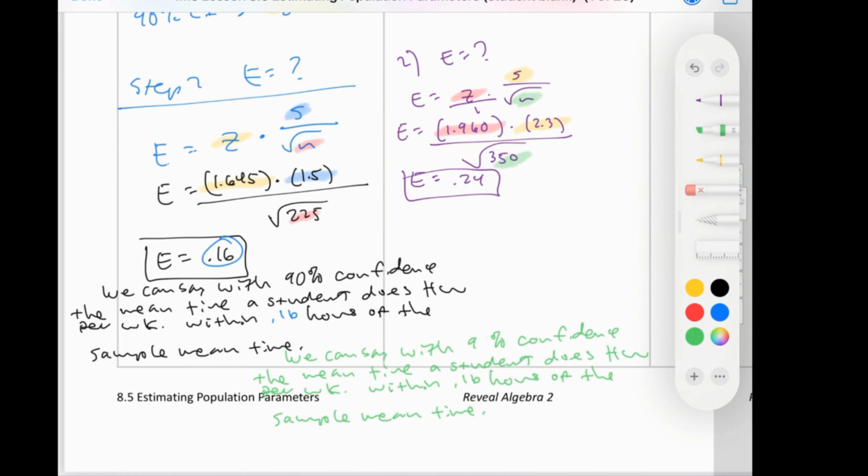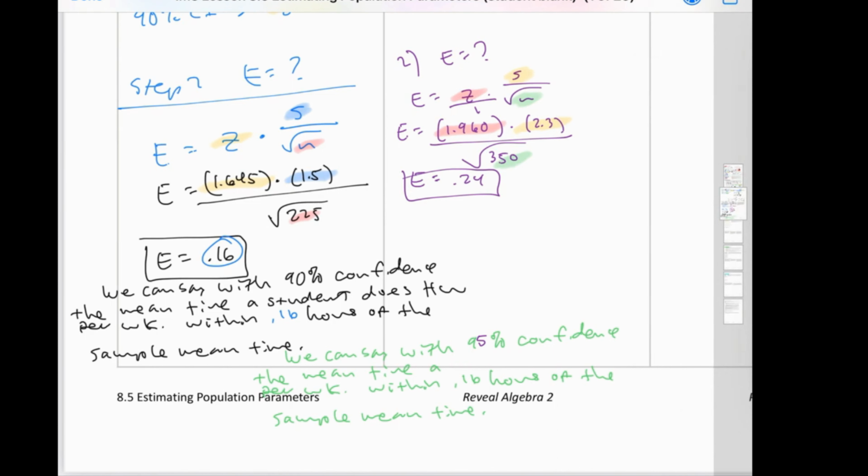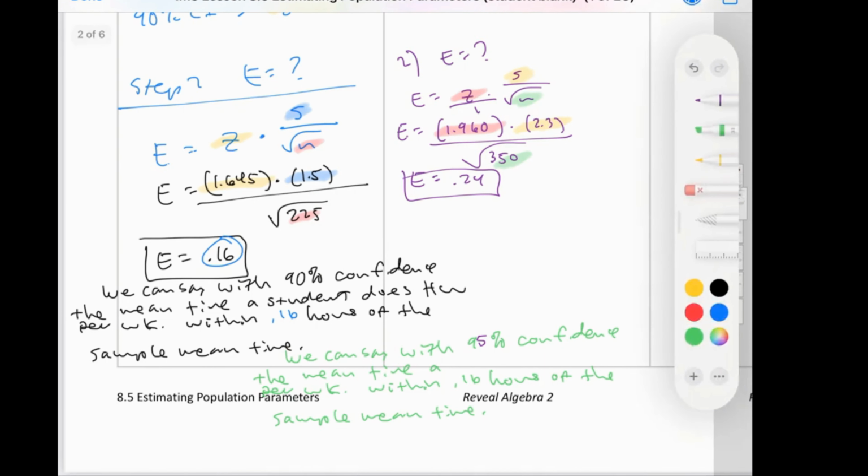We have a 95% confidence that the mean time an athlete practices per week is within 0.24 hours of the sample mean time.